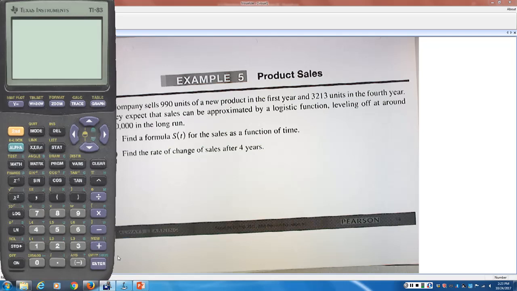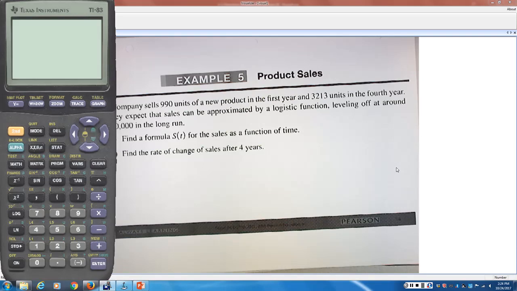So we're going to wind up talking about product sales, so that we can kind of put all of this in context. So we have a company that sells 990 units of a new product, maybe that figure, and 3,213 units in the fourth year.